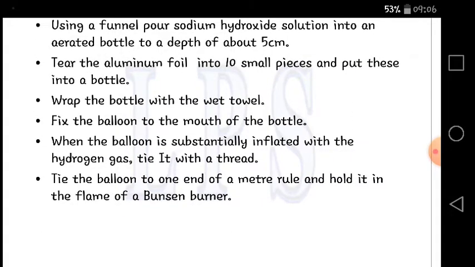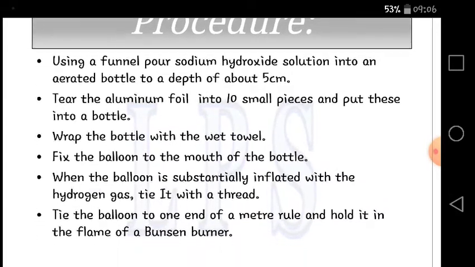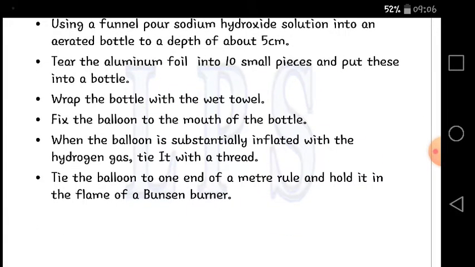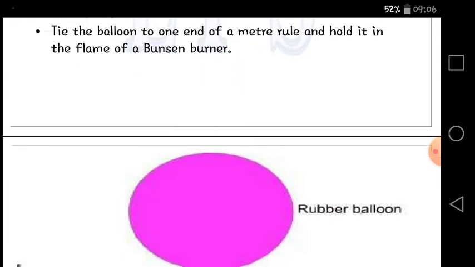Wrap the bottle with the wet towel. Fix the balloon to the mouth of the bottle, and when the balloon is substantially inflated with hydrogen gas, tie it with the thread. Tie the balloon to one end of a meter rule and hold it in the flame of a Bunsen burner. So this is the procedure which we have to follow to carry out this experiment.